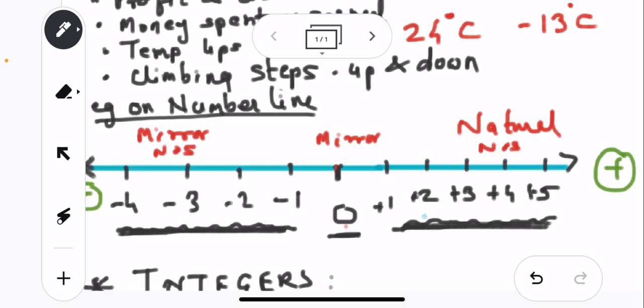On the right hand side, the numbers are natural numbers with positive signs, and on the left hand side the numbers are negative numbers, the mirror numbers, with a minus sign. This is how the set of positive numbers, negative numbers and 0 are placed in the number system. Let us see the set of new numbers in integers.